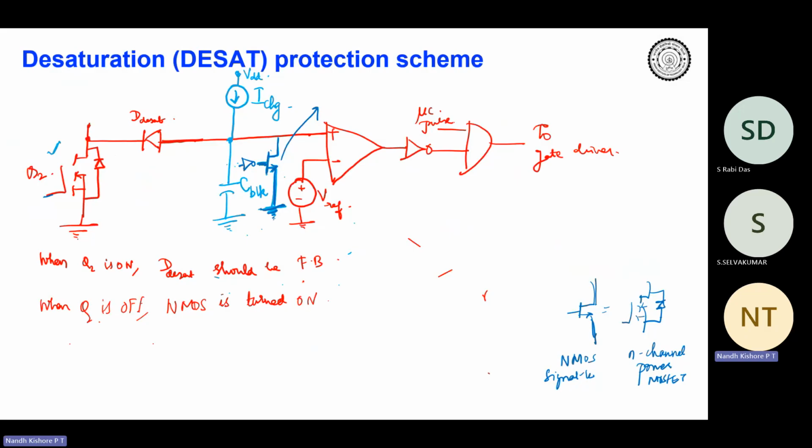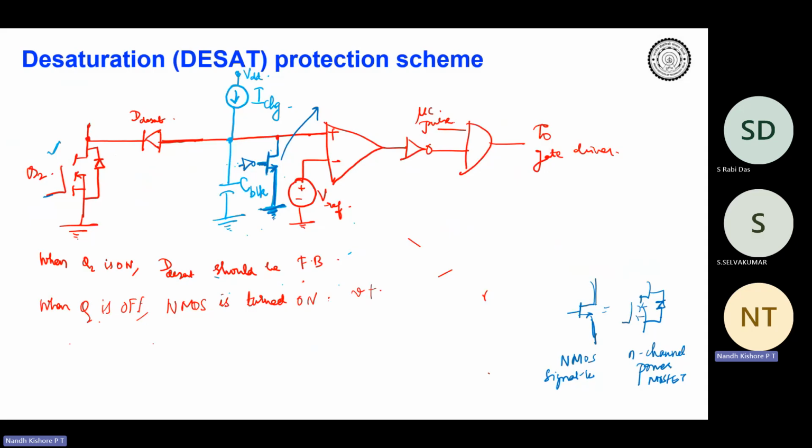So when Q2 is off, NMOS is turned on. So when NMOS is turned on, can you tell me what will be the voltage at the V plus terminal of the comparator? 0. Correct.